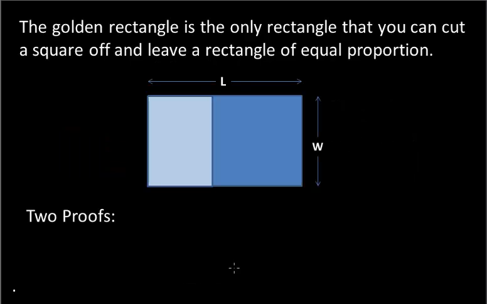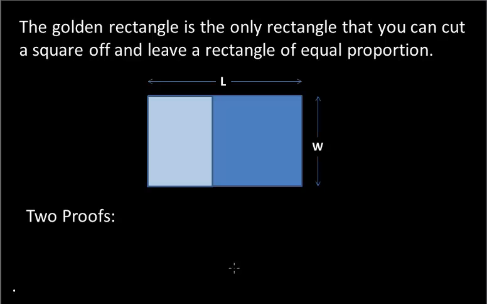Another way that you can define the golden rectangle is by the fact that if you cut off the largest square possible, the rectangle that is left has the same proportion. In other words, it's golden.